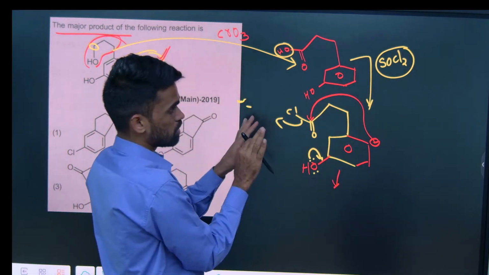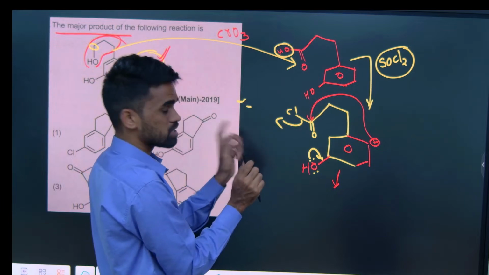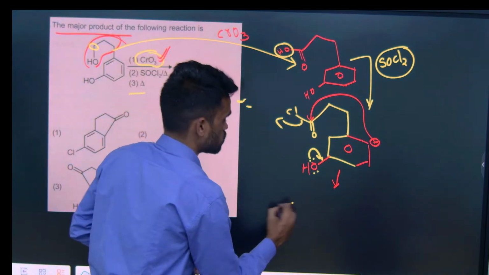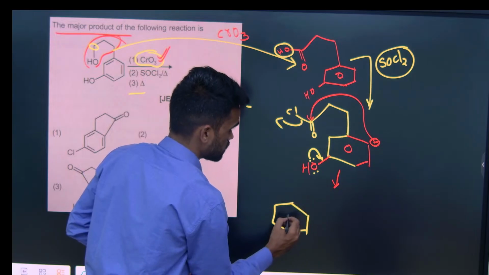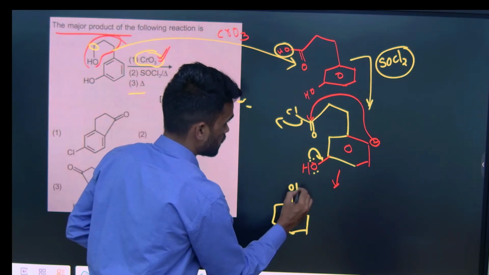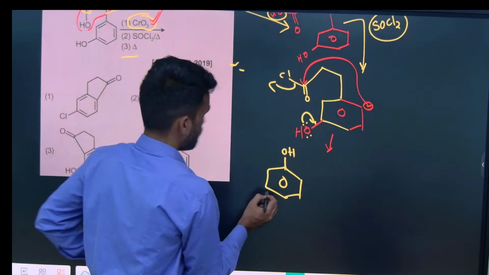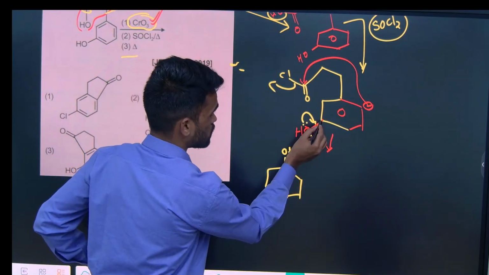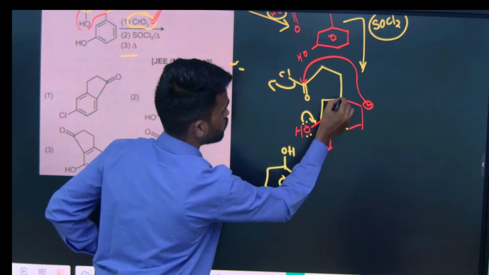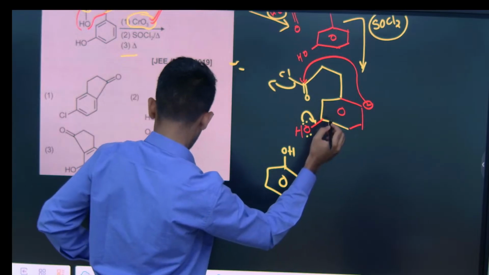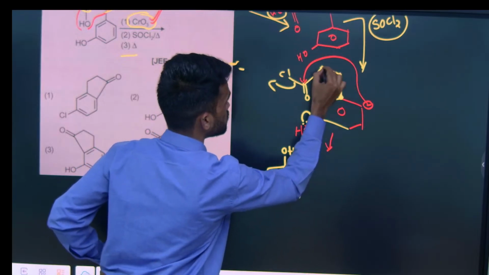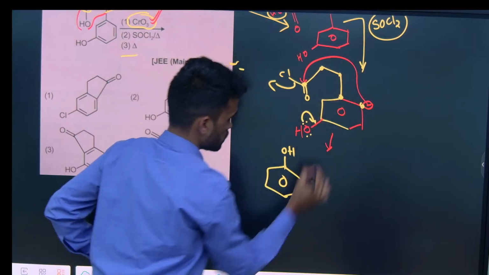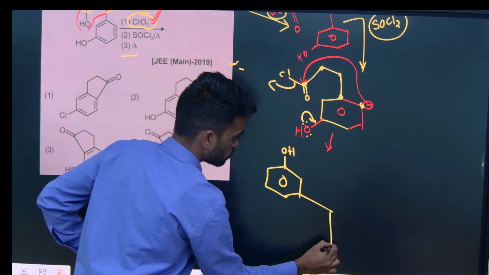See, I am not giving complete mechanistic steps because we already did them in the class. Okay, so you can write it as an OH group here, and with respect to OH, see one, two, three, four, five. So one, two, three, sorry.